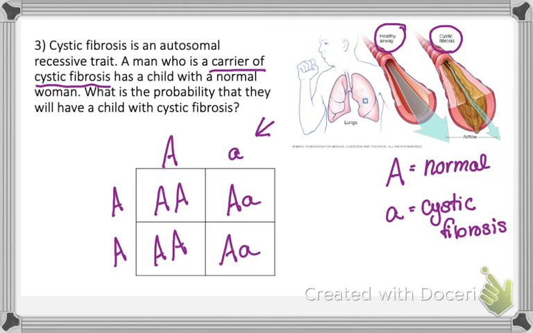So she would be homozygous dominant. Now we can fill in for the children, and we want to know the probability that they're going to have a child with cystic fibrosis. That's going to be a little a, little a child, and we have no children who have that. So fortunately, all of their children will be healthy and not have this genetic disorder.